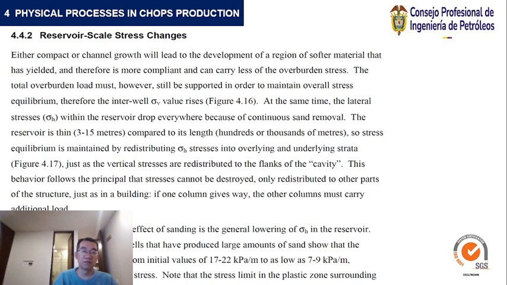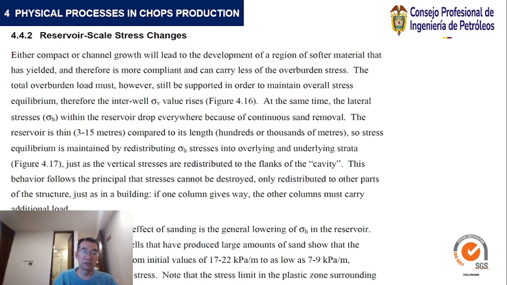Hence, one major macroscopic effect of sanding is the general lowering of stress in the reservoir. Attempts to inject fluids into wells that have produced large amounts of sand show that the fracture gradient has dropped from initial values of 17 to 22 kPa per meter to as low as 7 to 9 kPa per meter.